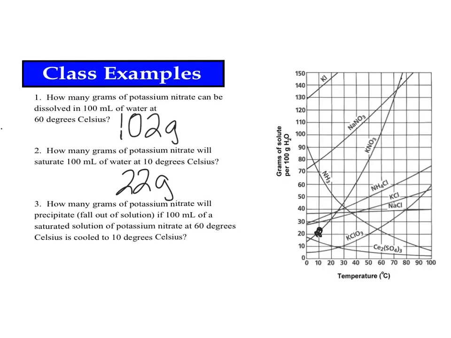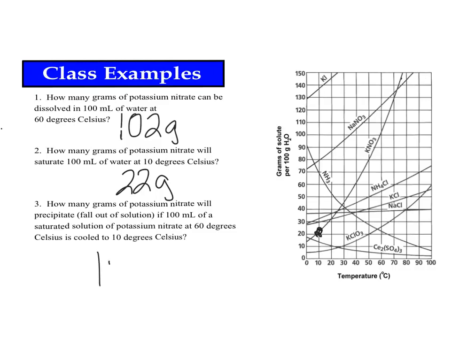Which means when I take that 60-degree solution and cool it down to 10 degrees, I have to figure out how much of my solid falls out of solution. My solution can't hold 102 grams when it's at 10. It can only hold 22 grams, which means if I want to know how much would fall out, I just need to know the difference between 102 and 22.